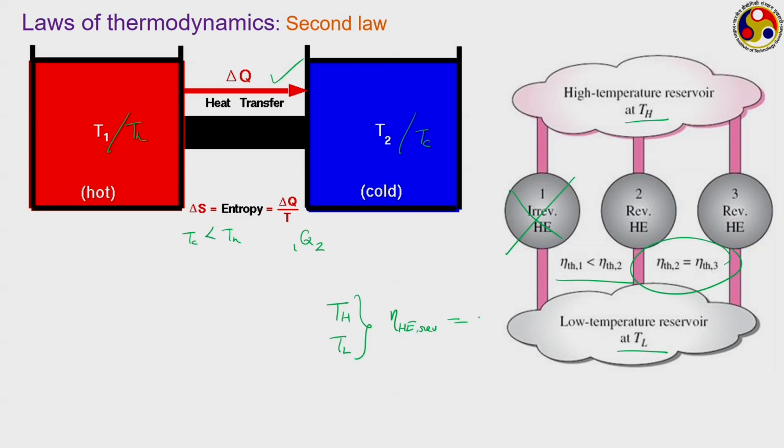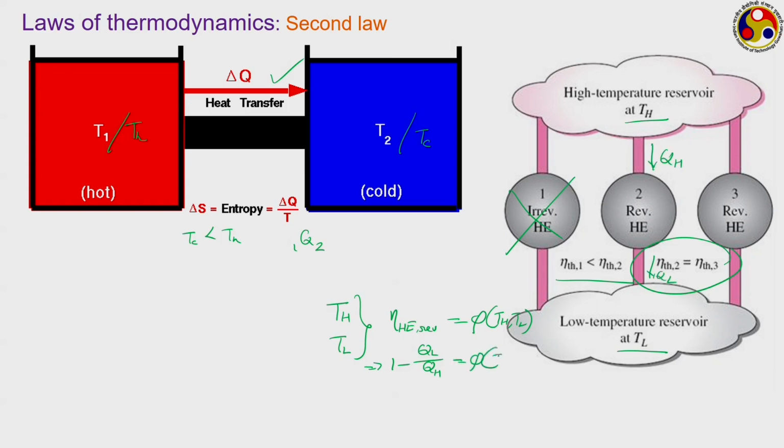So, this efficiency is definitely a function of Th and Tl, or as per the notation of our efficiency, we know it can be written as 1 minus QL upon QH, where QL is the amount of heat rejected to the reservoir at temperature TL and QH is the amount of heat added, that is, this is QH and this is QL.